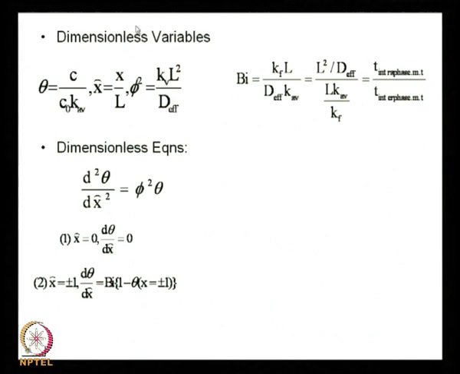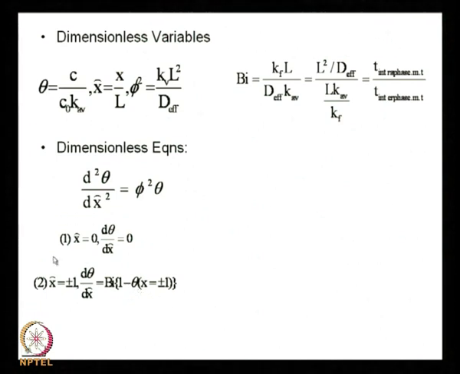So, when I write in terms of these 2 dimensionless variables and these 2 dimensionless numbers, my equation that I had before comes out to be the same: del 2 theta del x hat square equals phi square times theta. Boundary condition: x hat equals 0, del theta del x hat is 0, and at x hat equals plus minus 1, del theta del x hat equals Biot number times 1 minus theta. Okay.